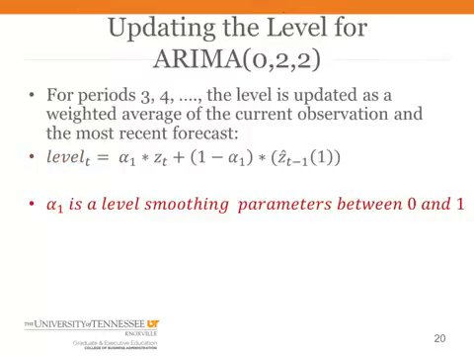And then after that, at each time period, you update the level by taking a weighted average of the current observation and the most recent forecast. Alpha 1 is the weight that you place on the current observation. 1 minus alpha is the weight that you place on the previous forecast. And alpha will be a parameter somewhere between 0 and 1.